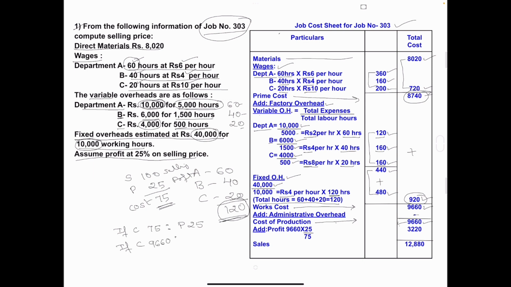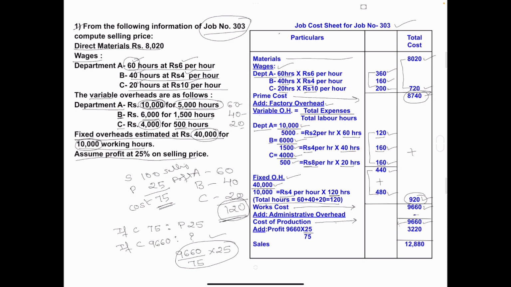9660, then profit how much? So the equation is 9660 divided by 75 into 25 to calculate the profit. So I have written here, add profit 9660 into 25 divided by 75, or you can write like this also, 9660 divided by 75 into 25.